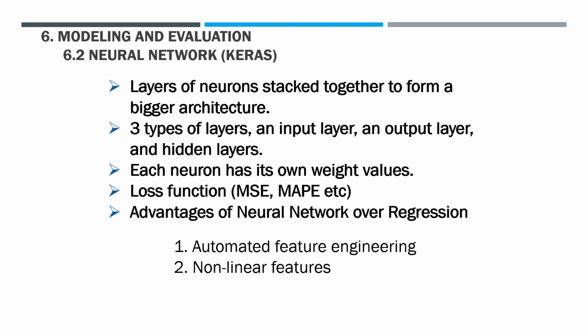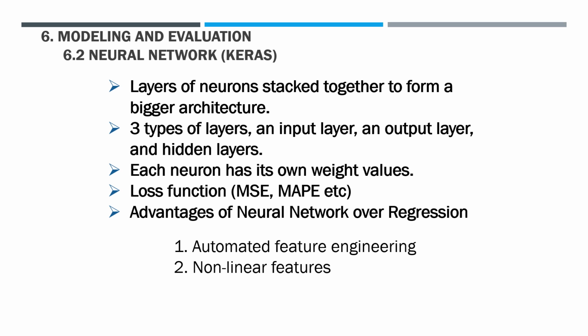Each neuron has its own weights for parameters when it moves from one layer to the next, and it's actually targeting a certain minimum loss function, and to give us maximum accuracy. The types of loss functions are mean squared error or mean absolute percent error, etc.